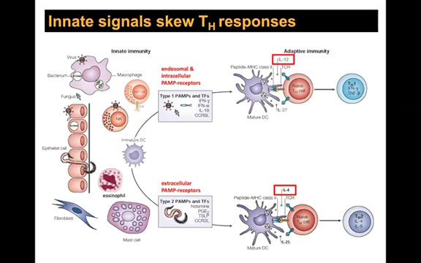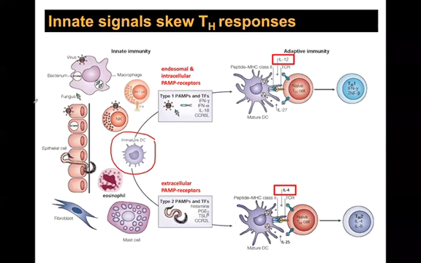So how does this start? Initially we have our dendritic cells sitting out here in the periphery. Say you get an infection in your big toe, that dendritic cell is going to take up antigen and get PAMP signals, and that's going to tell it to go to the lymph node and start activating T cells. Well, if you remember, you really can break down PAMP receptors by where the pathogen is.